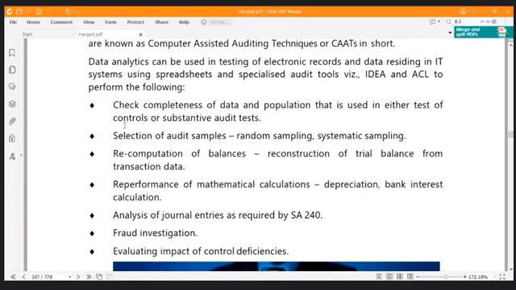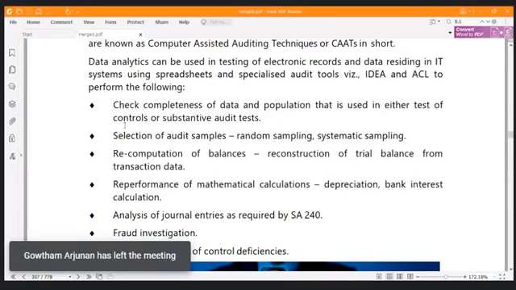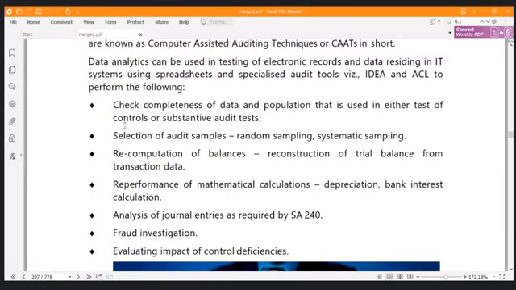IDEA and ACL are the most common or most famous audit softwares. In the audit softwares, how it works is, you need to either upload a specific ledger or you need to upload a TB, and based on that you need to select what kind of analysis or data analytics you want to do out of that.